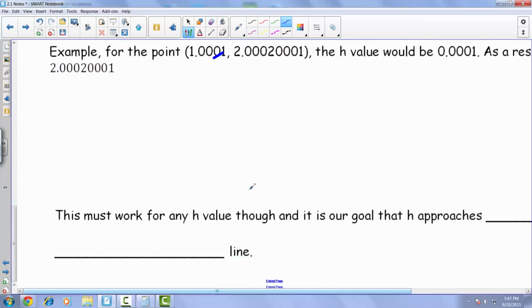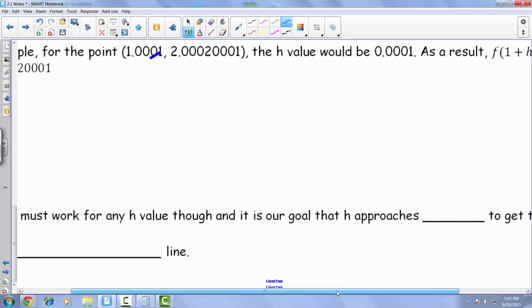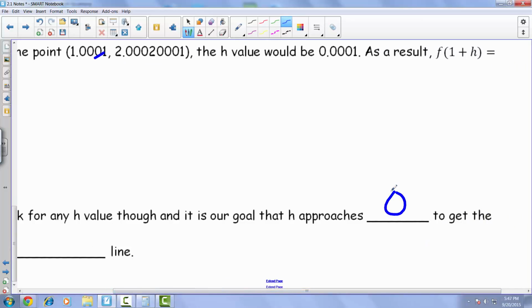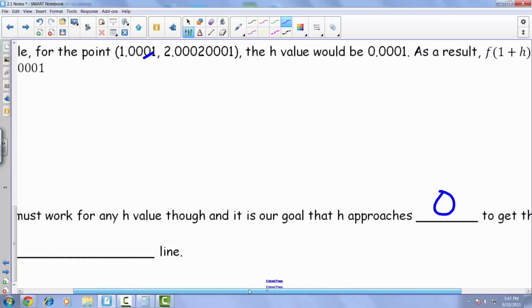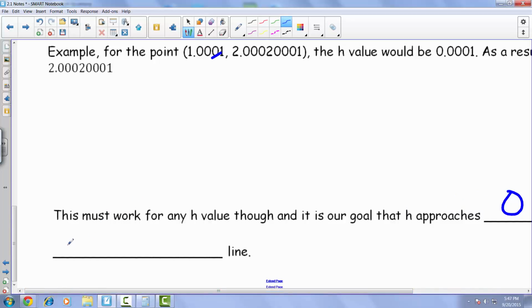It's our goal that h gets incredibly small, and it's our hope that h approaches the value 0, because when h gets to 0, that's when we actually get our tangent slope for that particular line. So again, that is the warm-up continued from our 2.1 notes.